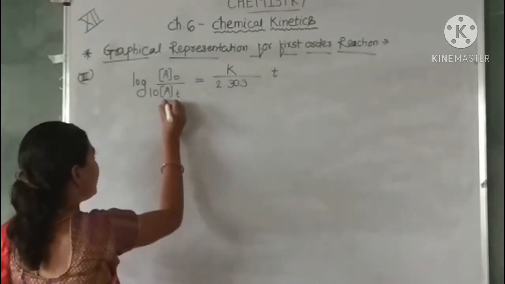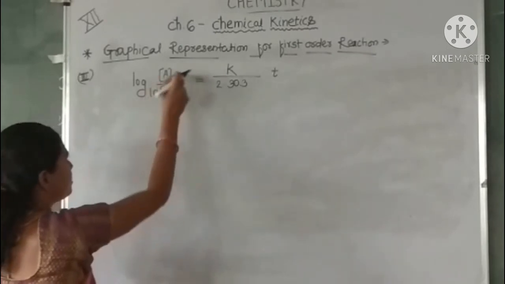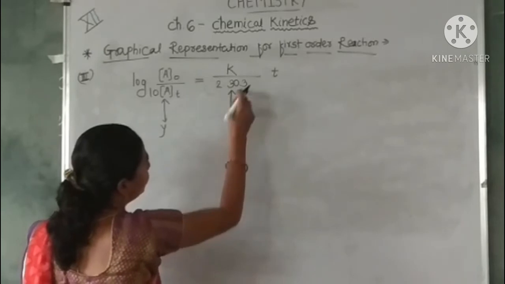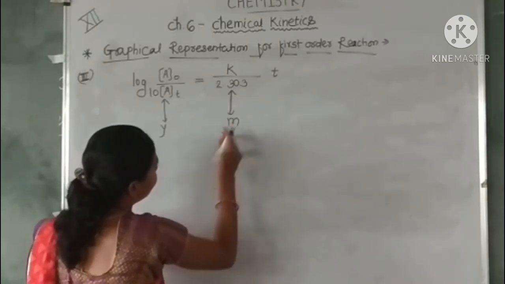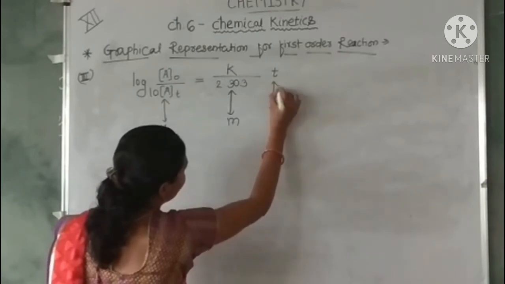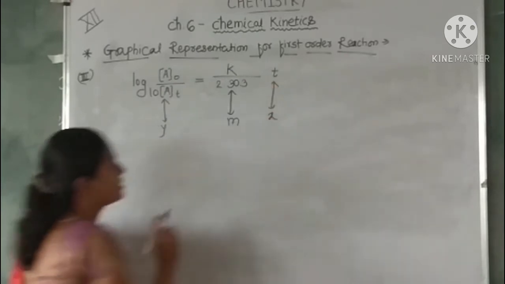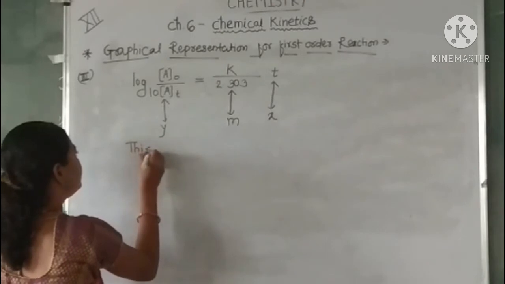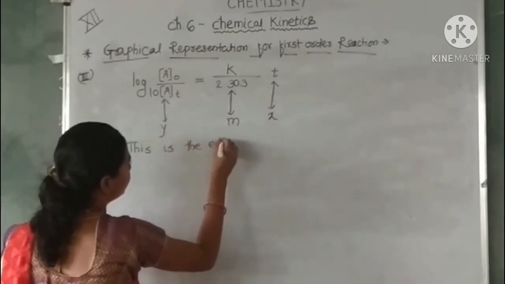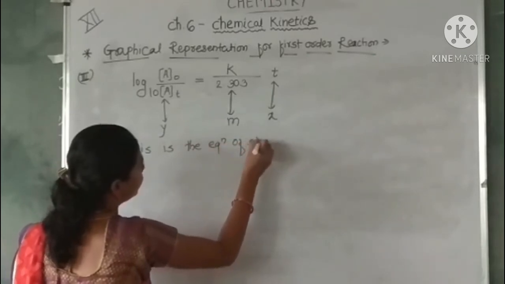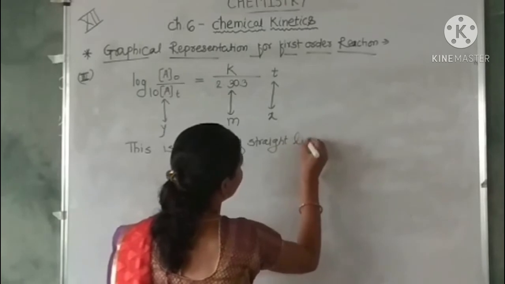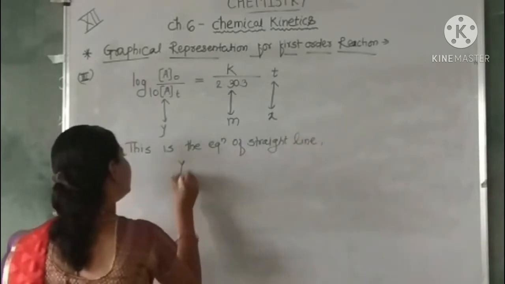This represents y, log to the base 10 A0 upon At represents y, K upon 2.303 represents the m, that is the slope of the straight line, and this represents the x. This is the equation of a straight line of the form y is equal to mx.